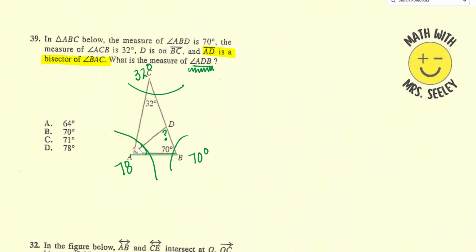It told us that this angle was bisected into two equal parts. So 78 bisected into two equal parts makes each side 39 degrees. Then we'll go back to the fact that there's 180 degrees in this triangle. So I'll take 180 and subtract off the 70 and subtract off the 39, and that leaves me with 71 degrees for this angle right here.